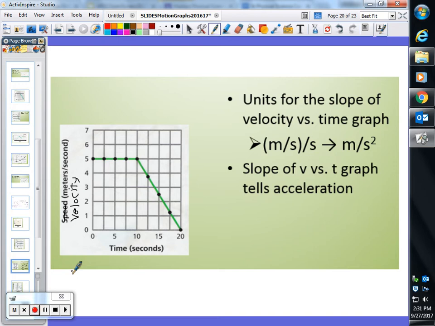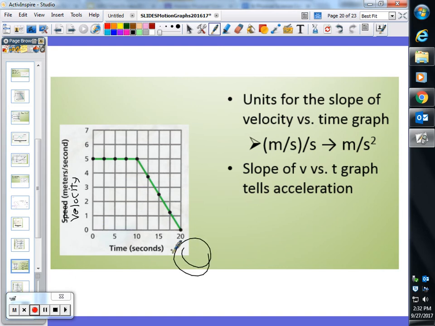What has to happen for an object to change directions on this graph? It has to go below the x-axis. Because what tells us the direction on velocity? Positive or negative? Velocities don't get negative until we get down here.